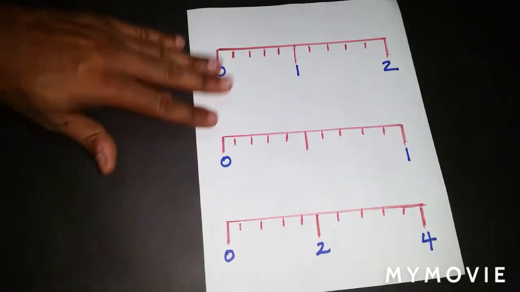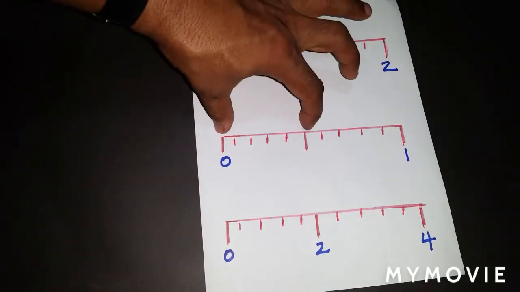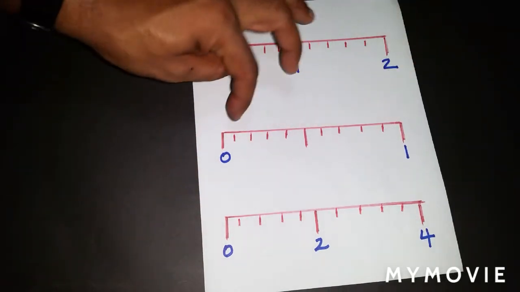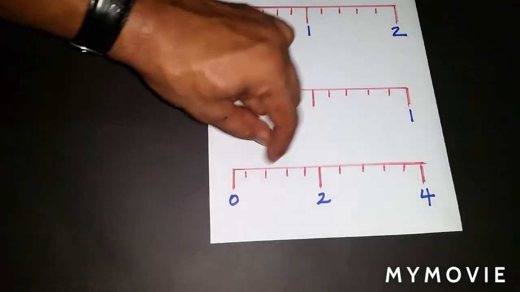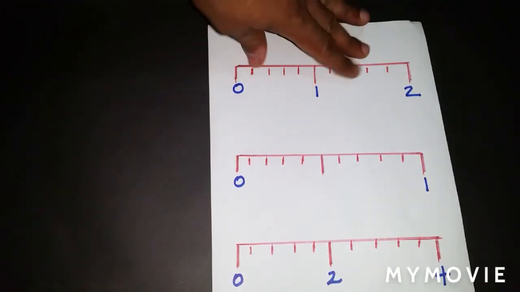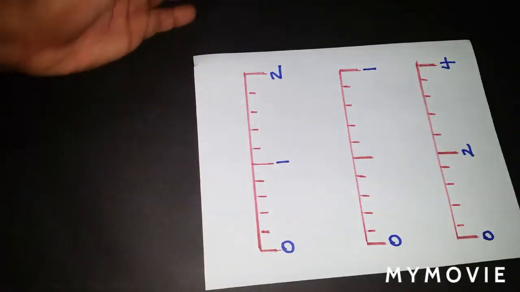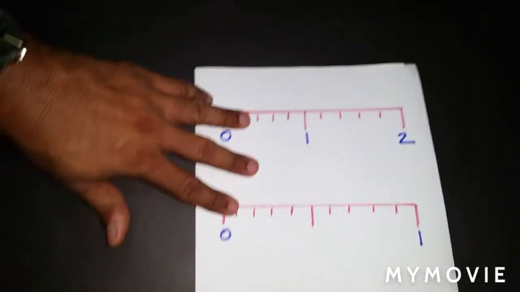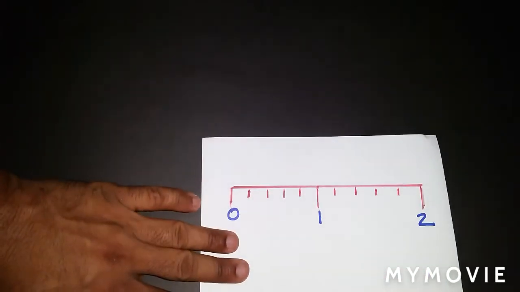So irrespective of the scale, the same thing is going to exist: 1 centimeter apart and 4 lines in between. This shows the horizontal axis, but if it turns this way, it's the same concept for the y-axis.